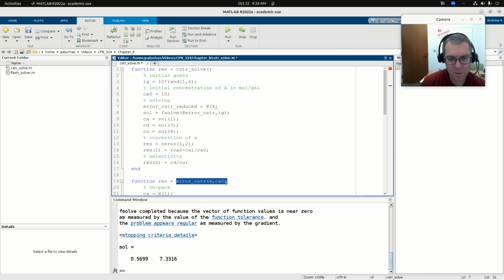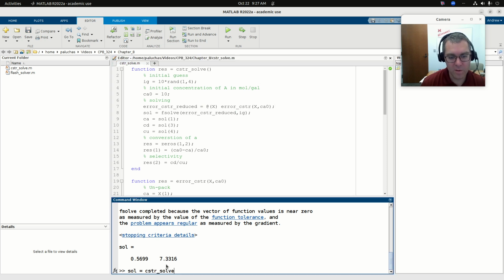I want to call error CSTR and pass that value of x to it, along with this value of CA naught here. And then here, instead of error CSTR, this could be this new error CSTR reduced, and I can get rid of the at symbol since it's now of type anonymous function. So if I run this, I get the same exact answer.